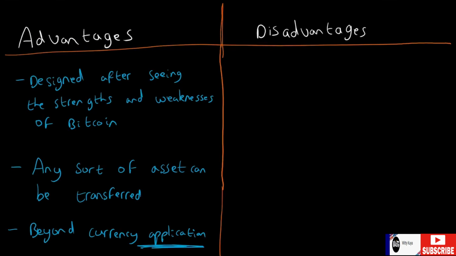So the first thing is it's the newcomer compared to Bitcoin. And what I mean by that is just literally what I said. Because it's the newcomer, people will always compare it to the original cryptocurrency, Bitcoin. They will always say, why do I want to use this over Bitcoin?